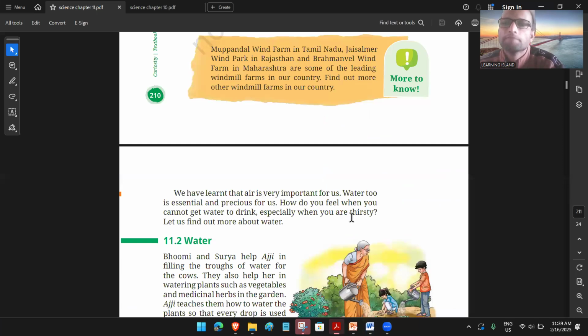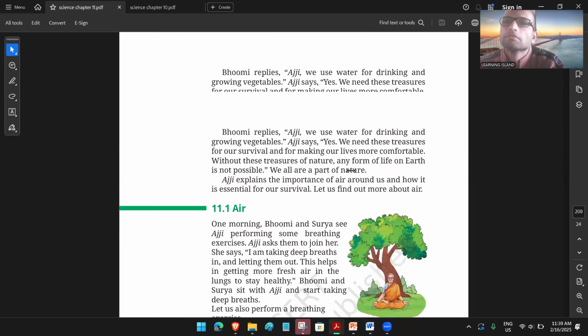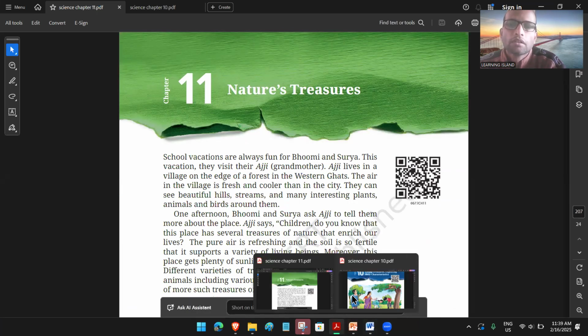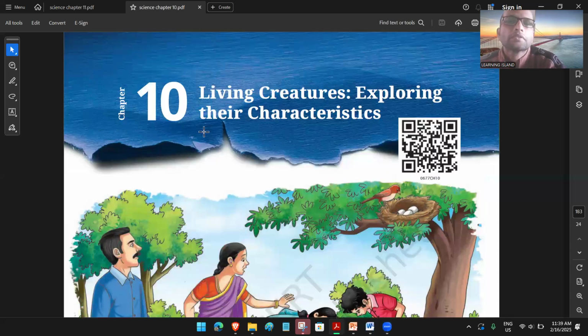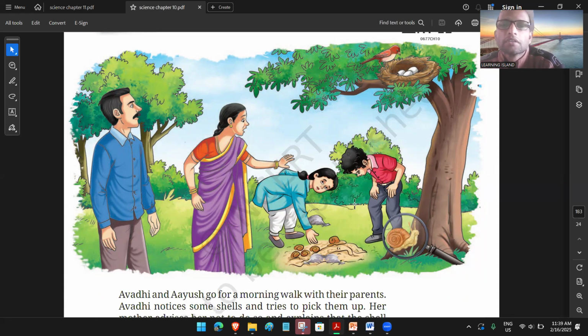So this is the chapter I am talking about. Living creatures, exploring their characteristics. First of all, it starts with a great picture: a nest, and the birds are looking toward this, and two children are playing, looking after something that is a snail.